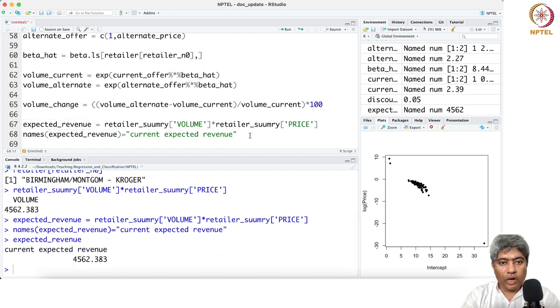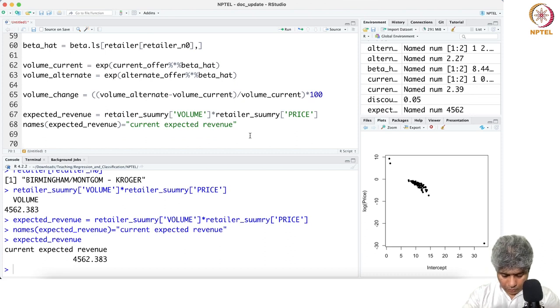Now what we will do is check what would be the changed revenue.